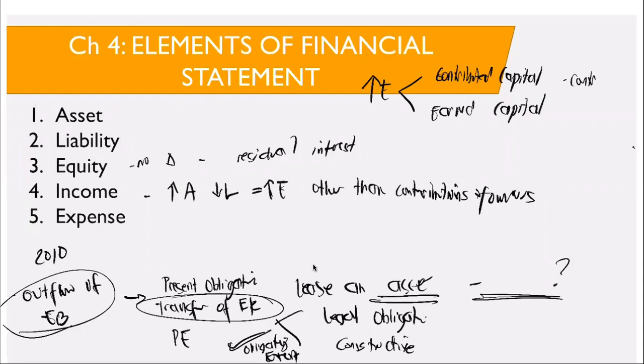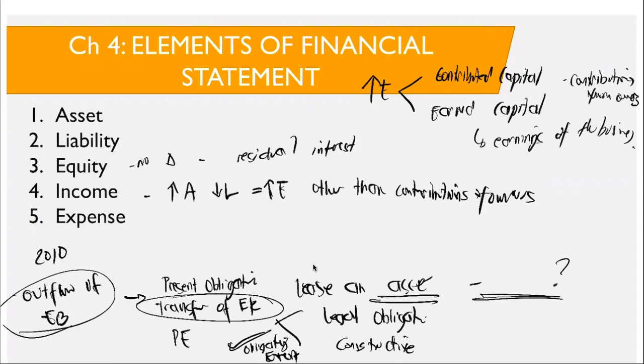These are your different contributions from owners. In short, these are your different investments and withdrawals. How about your earned capital? This is the earnings of the business.